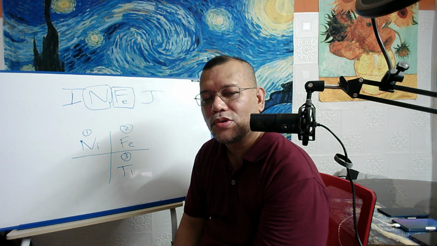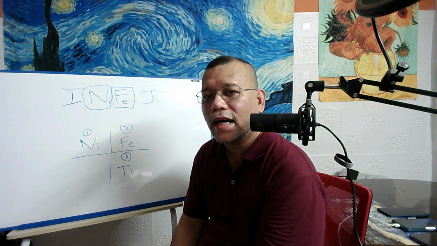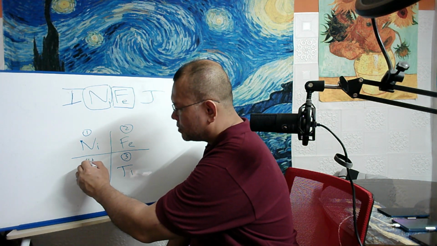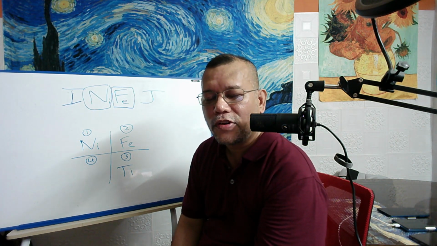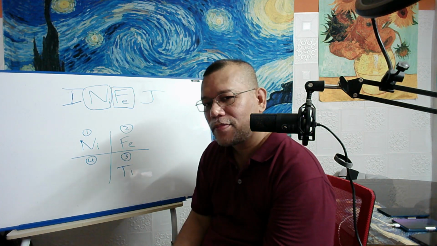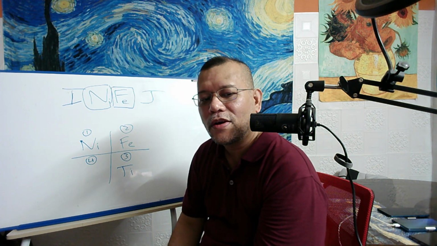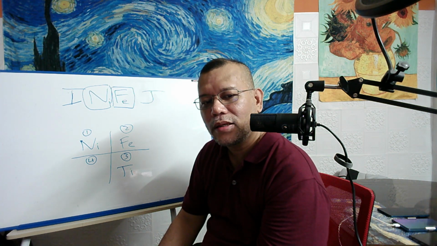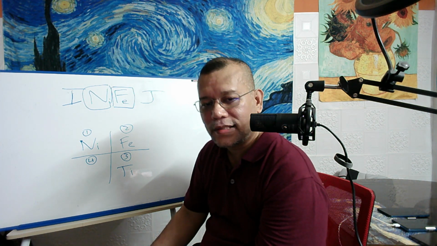The notation for introverted thinking is Ti. And the fourth, notice that I put the fourth function beneath number one, so it goes one, two, three, four, this way. The fourth function will be the opposite of number one. So the opposite of introverted intuition will be extroverted sensing.